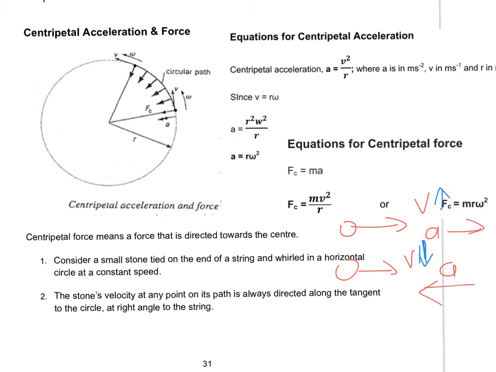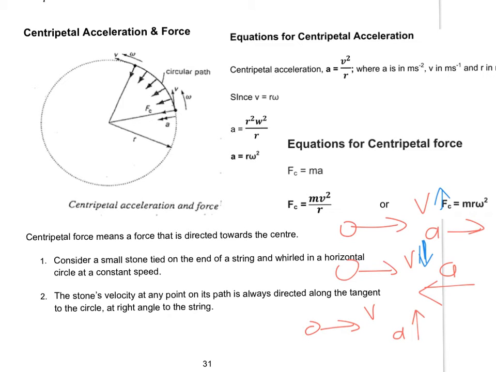So logically, if the object is moving to the right, but the acceleration is 90 degrees, which is vertically upwards, then the magnitude of the velocity will remain the same. So what will only change is the direction, because two vectors which are perpendicular to each other, which is these two, cannot affect each other's magnitude. So therefore it will only result in a change in direction.